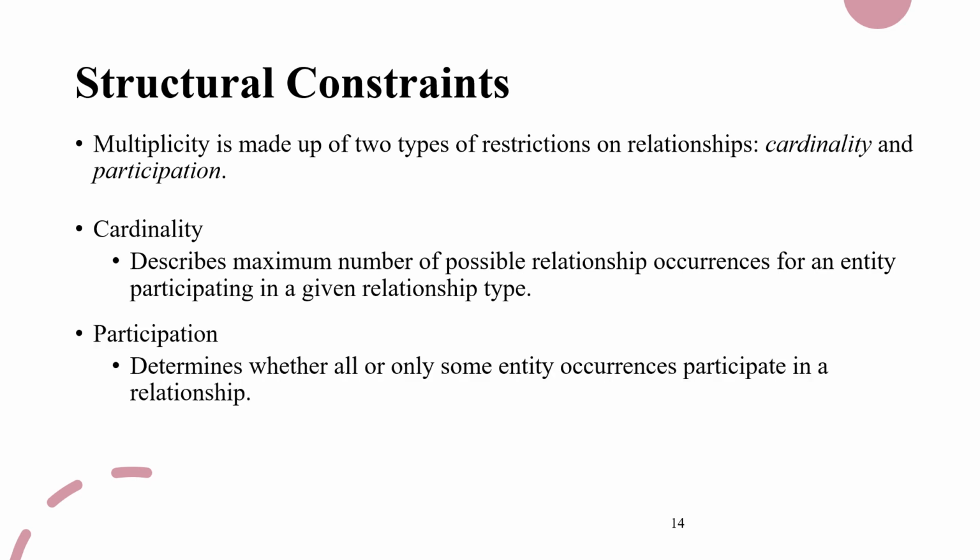And participation determines whether all or only some entity occurrences participate in a relationship. For example, again the same: all students must have their student ID. So it means all students must.